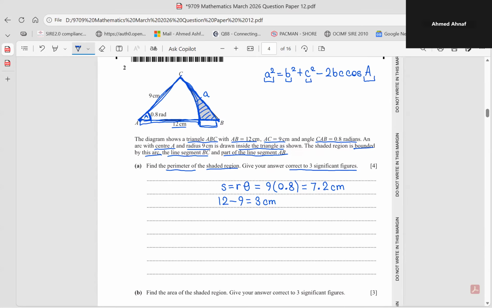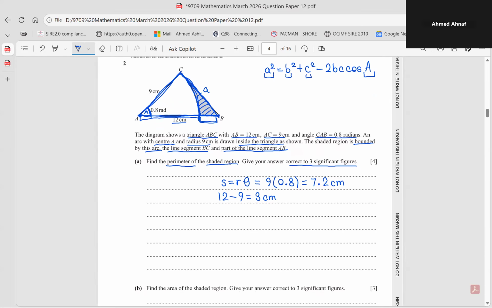Okay. All right, so let's start. So as we said, we're going to let a be side BC, segment BC. So BC squared equals b squared. So for b squared, I'm just going to let AC be this side b. So 9 squared plus AB, which is 12 squared, minus 2bc.